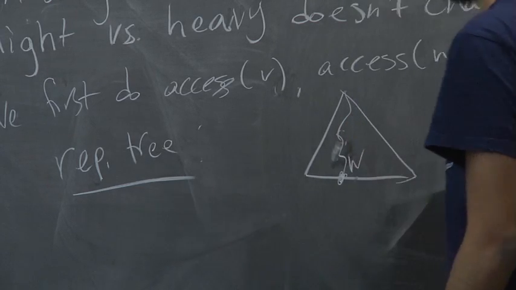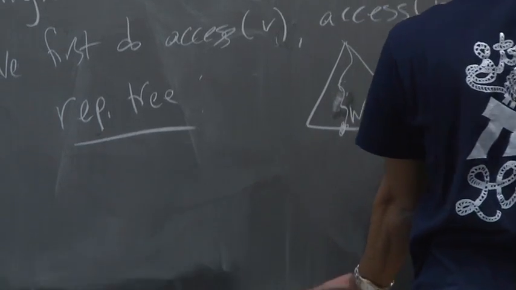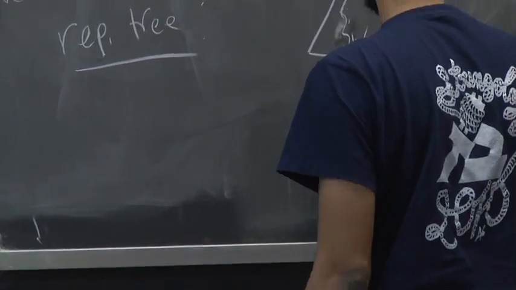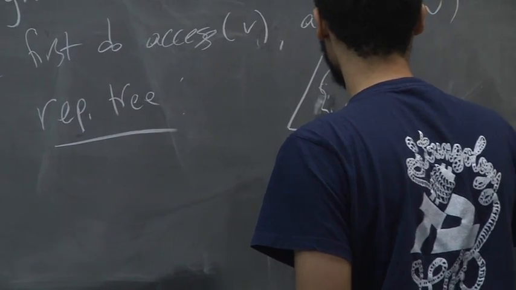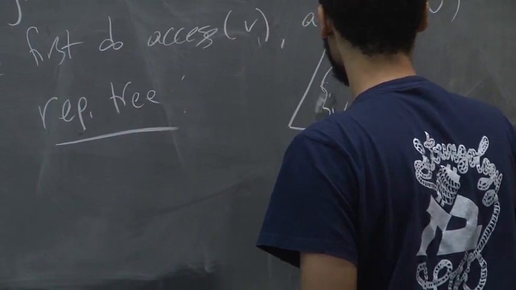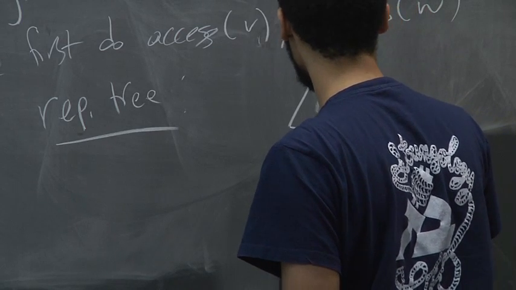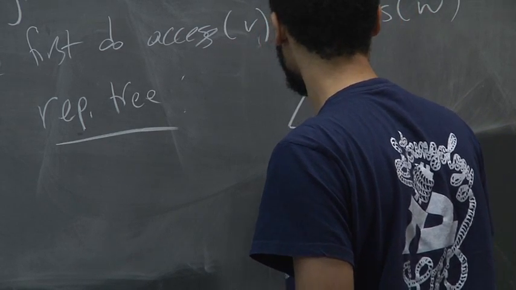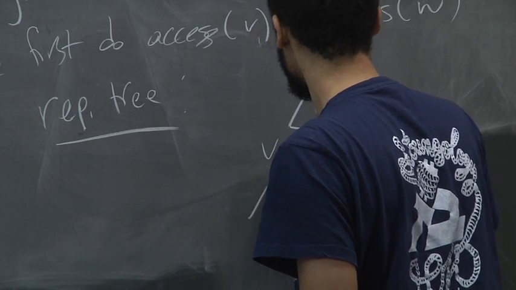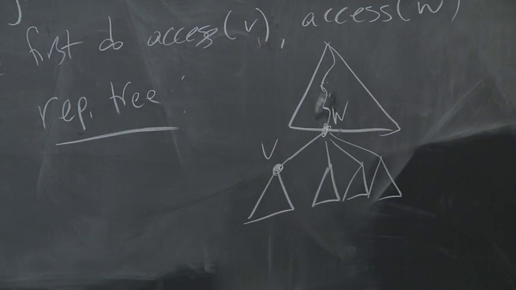There's w. It has some subtrees hanging off. And then we also now hang off v. And what are the preferred paths here?